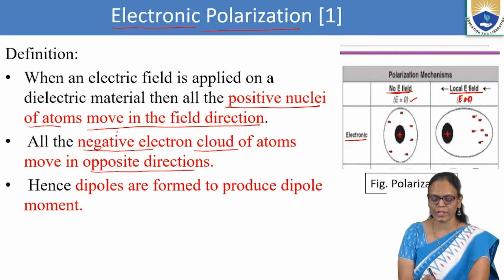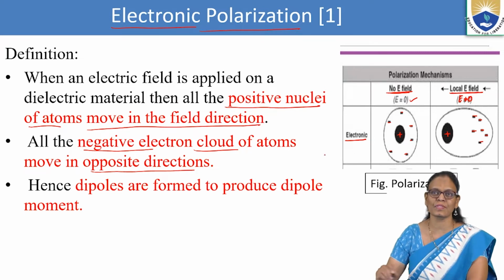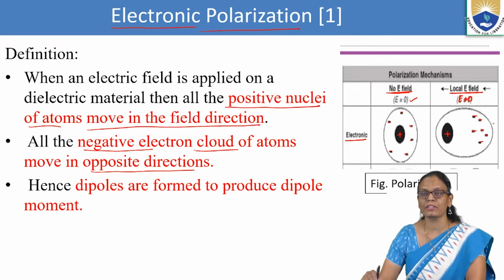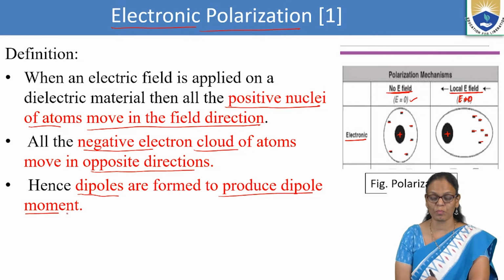The positive nuclei move in the field direction and the negative electron cloud moves in the opposite direction. So all the positive charges move towards the negative side of the electric field, and the negative charges move towards the positive. So dipoles are formed and they produce dipole moment.